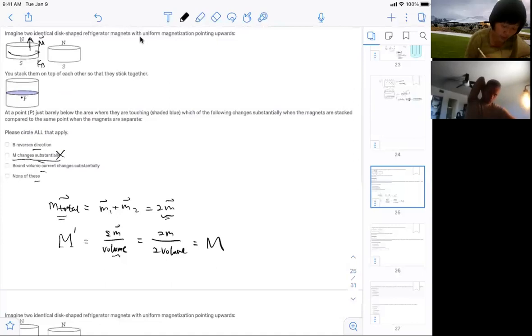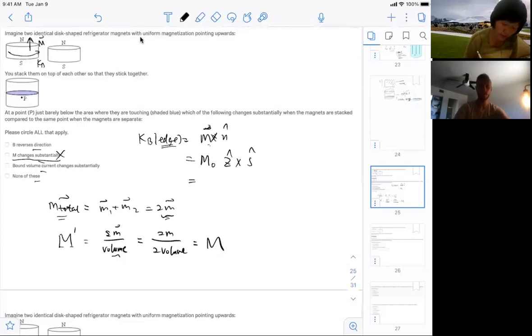What about the B and the other quantities? Let's look at the bound current first. So K bound on the edge is M cross n, right? And M doesn't change; M is in the Z direction, and n on the surface is described by x hat.